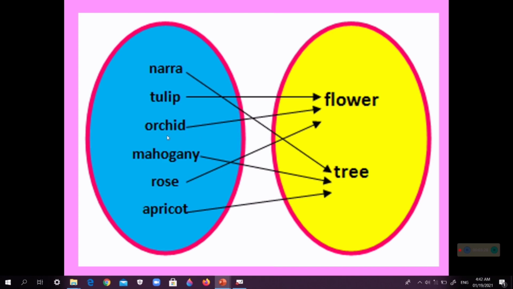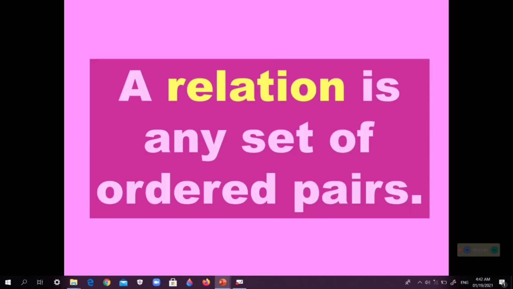And we have tulip, orchid, and rose for flower because they are examples of flowers. So how are we going to relate these objects with each other? This is what we call the relation. A relation is any set of ordered pairs. A relation relates things with each other.